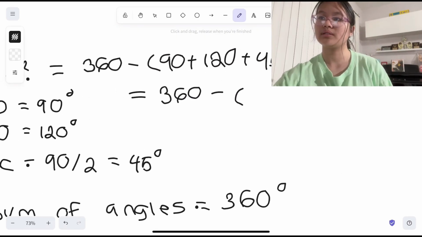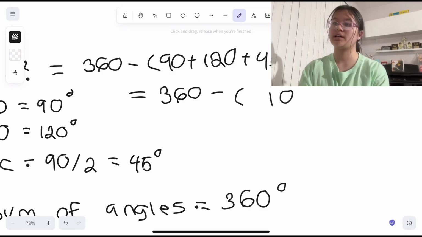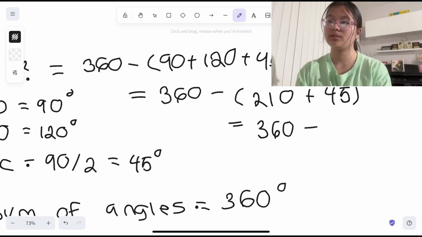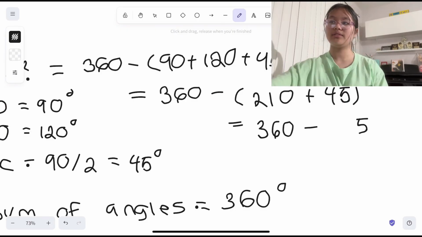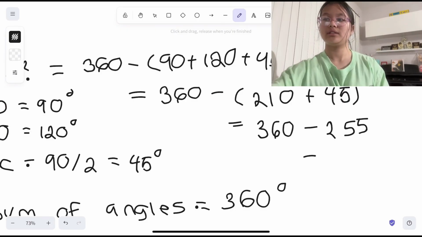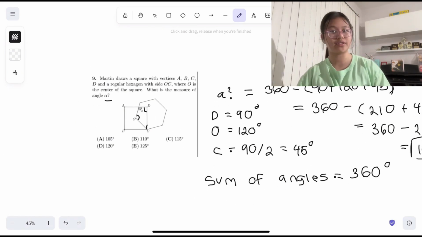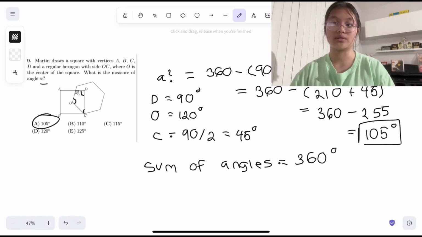So then that equals 210 plus 45, and that equals 360 minus 255. And then this means our answer is 105 degrees for angle A.